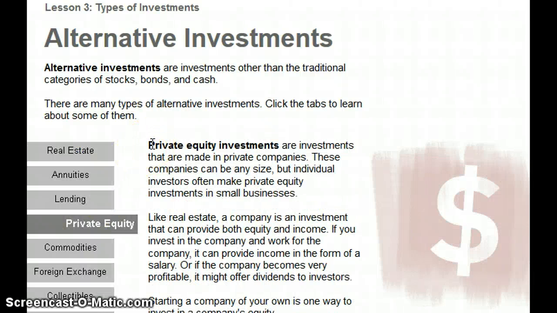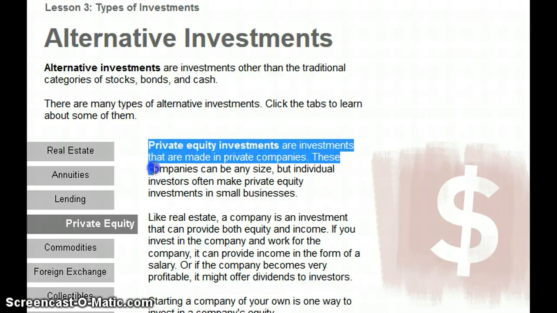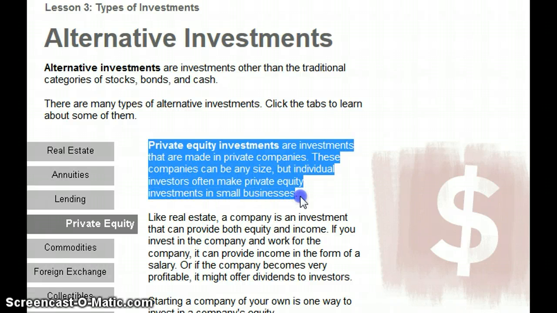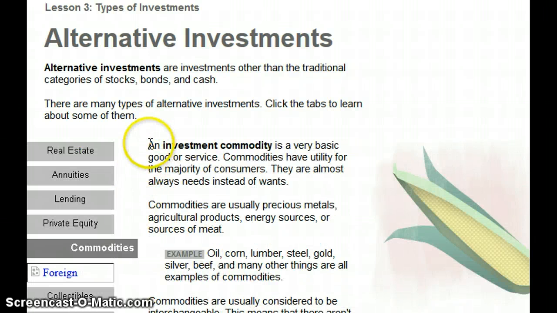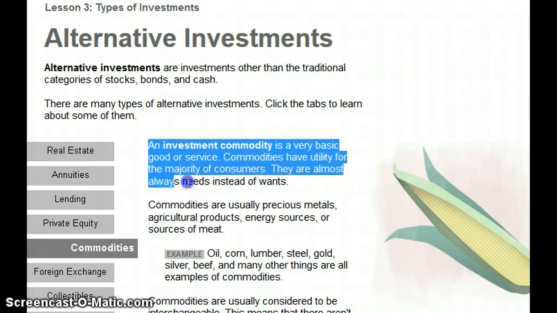Private equity investments are investments made in private companies. These companies can be any size, but individual investors often make private equity investments in small businesses. An investment commodity is a very basic good or service. Commodities have utility for the majority of customers, and they are almost always needs instead of wants.